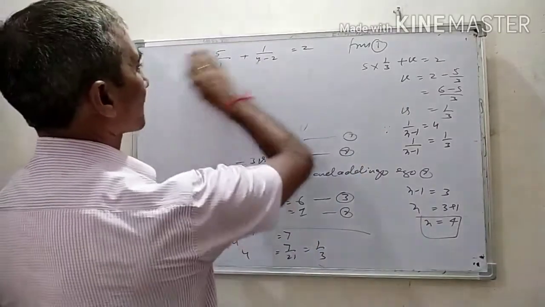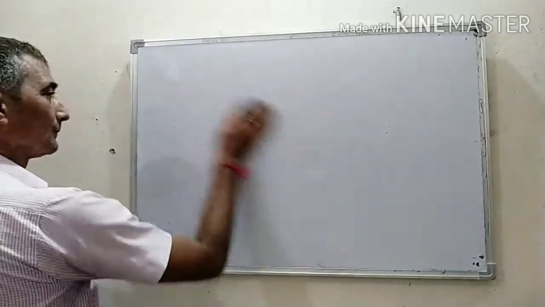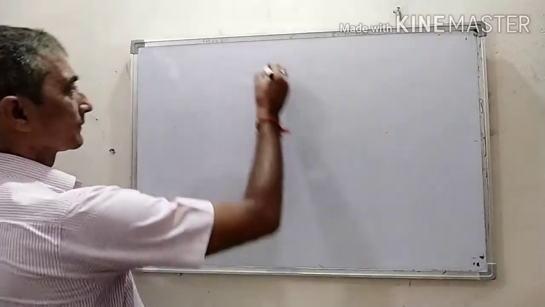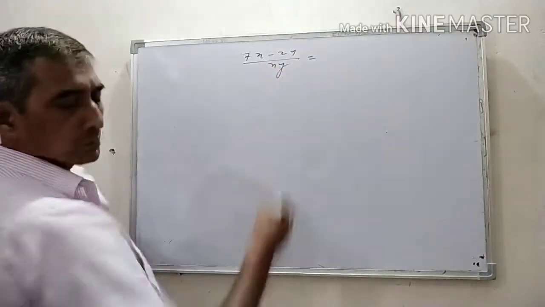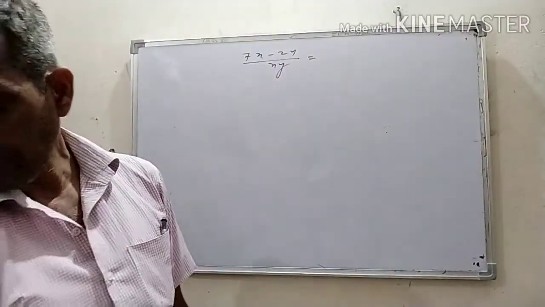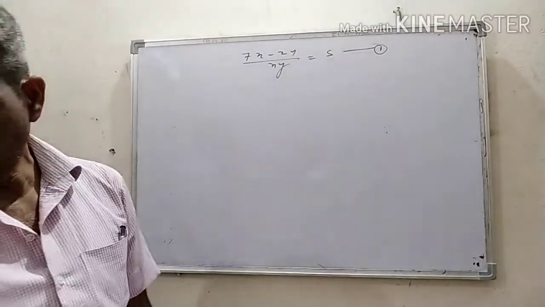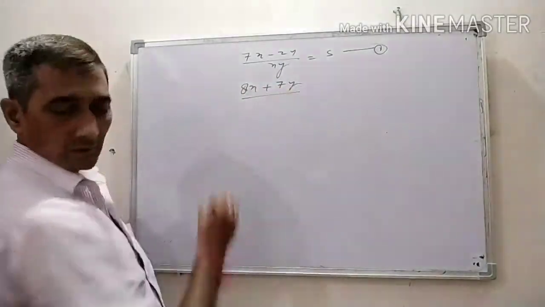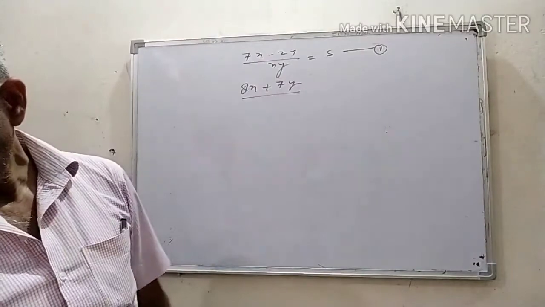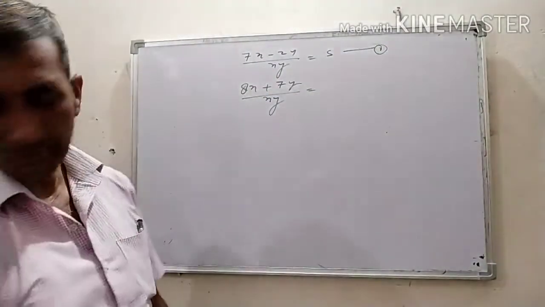See, the question is 7x minus 2y upon xy equal to 5 and 8x plus 7y upon xy equal to 15.